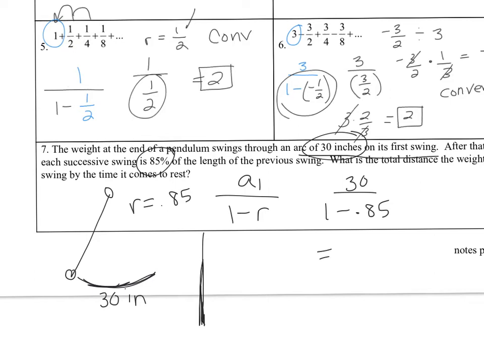That's going to be 30 divided by 0.15. So 30 divided by 0.15 is 200 inches. So it's going to travel 200 inches back and forth until it finally comes to a stop.